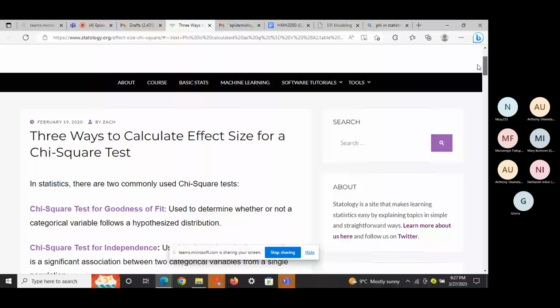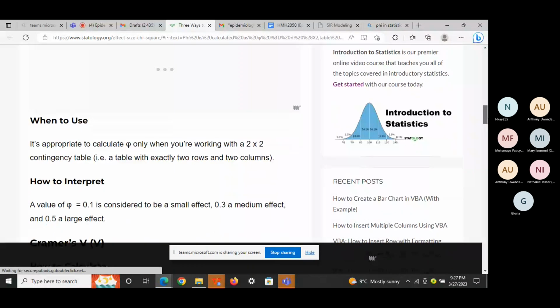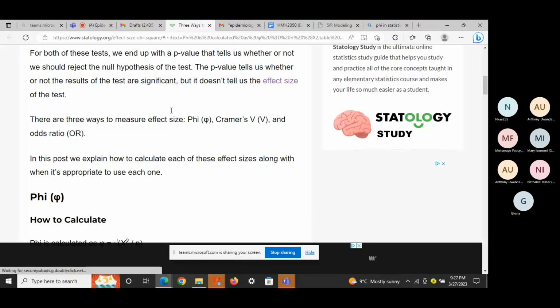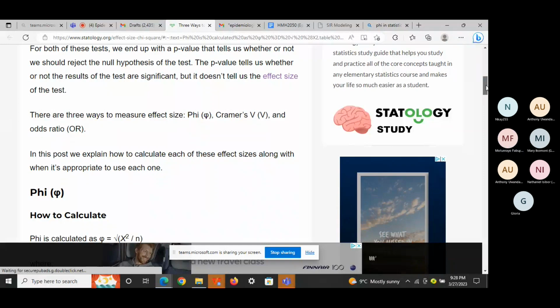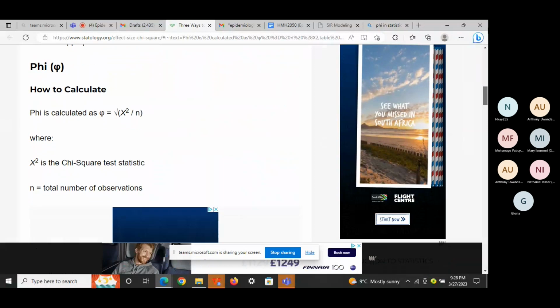You don't need to know how to calculate it. You just need to know the interpretation. So how to interpret it? You see that there are three ways to measure effect size: the phi, the Cramer's V, and the odds ratio. They have different categories for phi here.